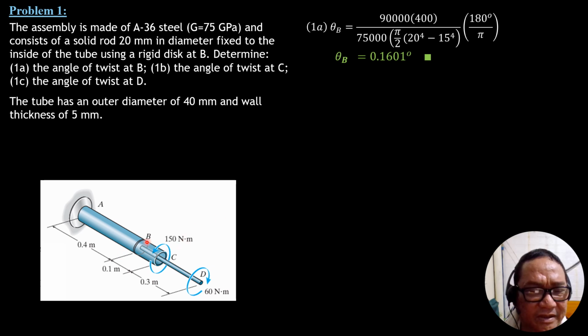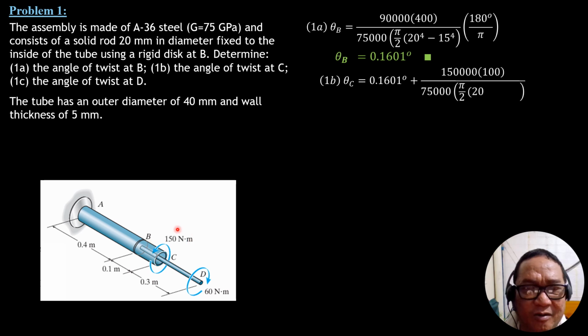So if it was 90 here, then plus 150. So theta C is equal to 0.1601 plus the additional angle of twist in portion BC, where the couple or torque is 150 Newton meter. So it is hollow.